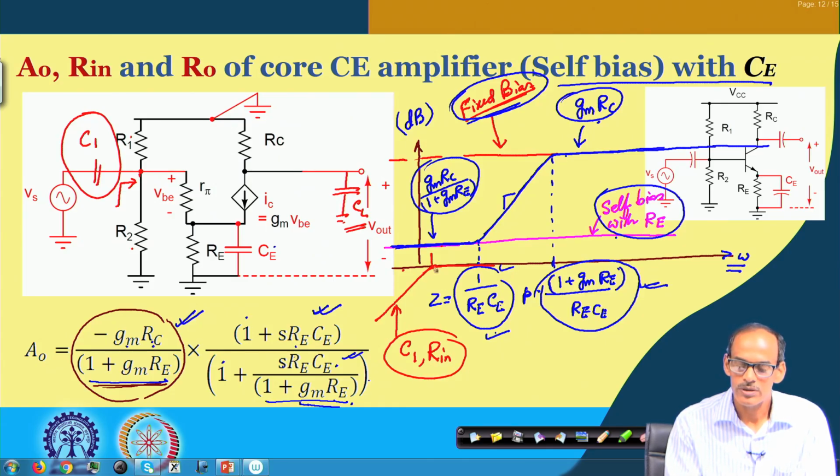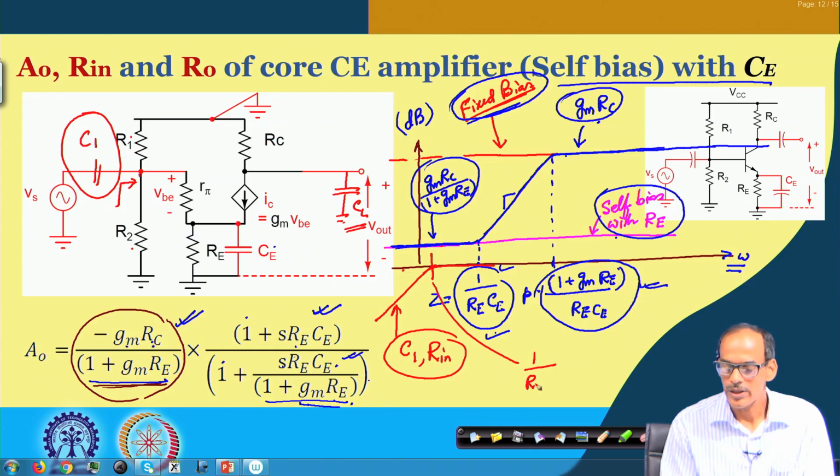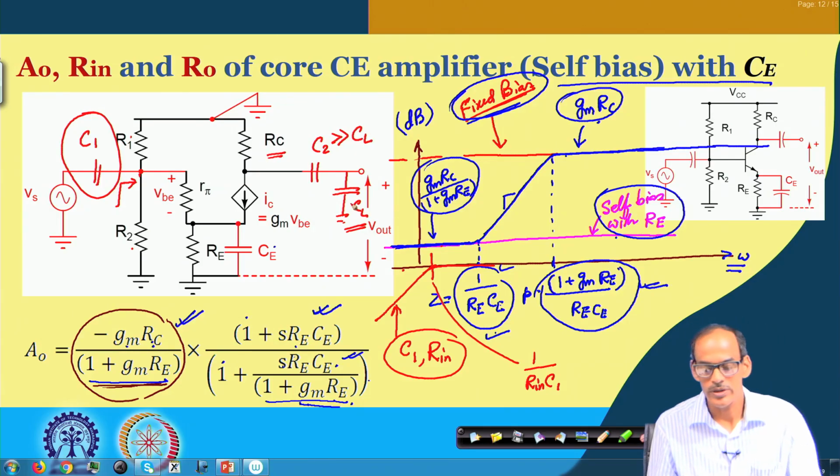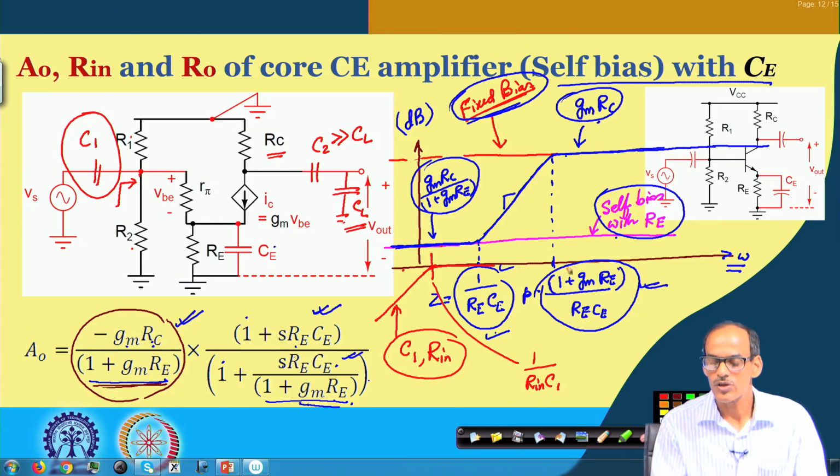This kind of high pass behavior comes from C1 and R_in of the amplifier, and the corresponding cutoff frequency is 1 by R_in into C1. On the other hand, if I consider C2 which is sufficiently high compared to C_L, then this R_C and C_L show the low pass behavior.